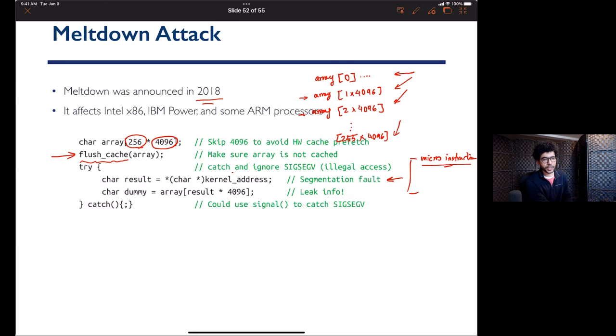So what could happen is you could first read the address, then go and check the access. And if the access is not granted, then you can raise an exception.